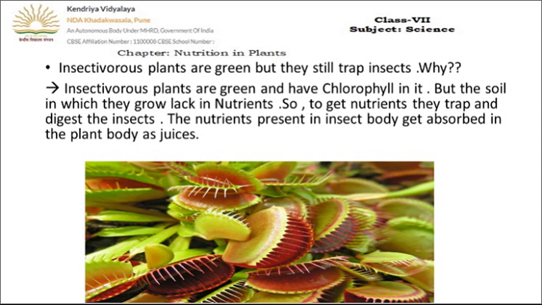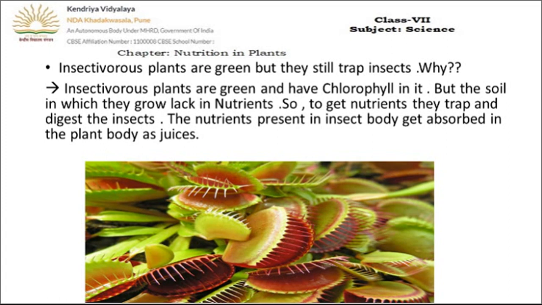Then we have seen in the pitcher plant, when the insect sits, the lid gets closed and then the insect dies inside. When the insect dies, the plant will secrete some juices, liquids, and those liquids will break down the body of the insect, and then the nutrients which are present in the body of the insect are absorbed into the body of the plant.